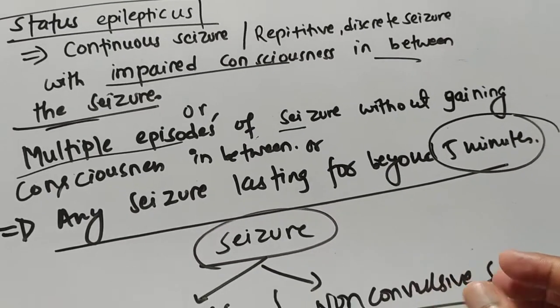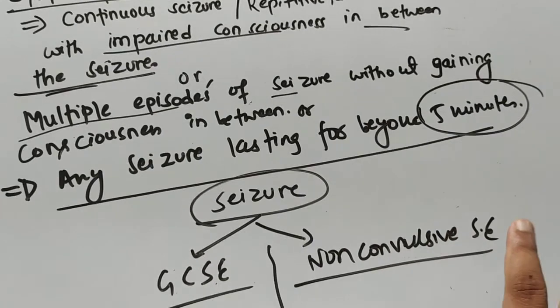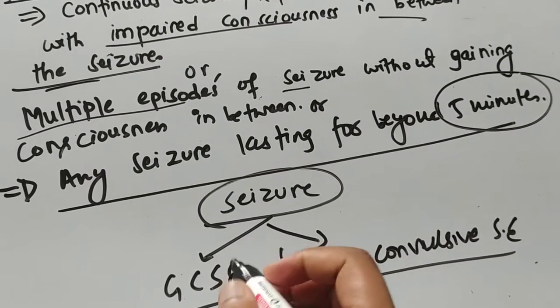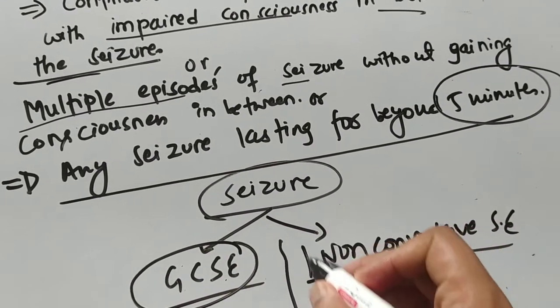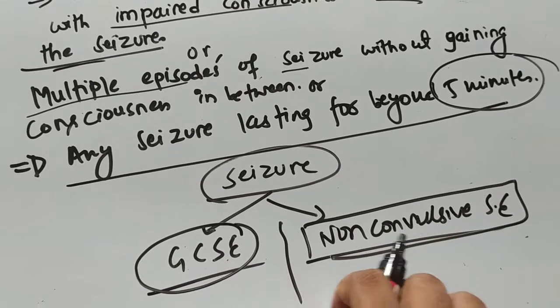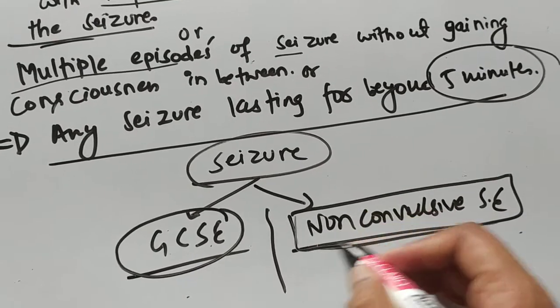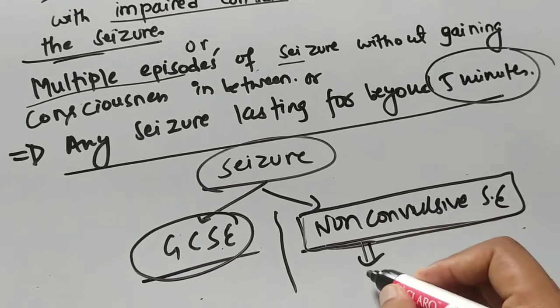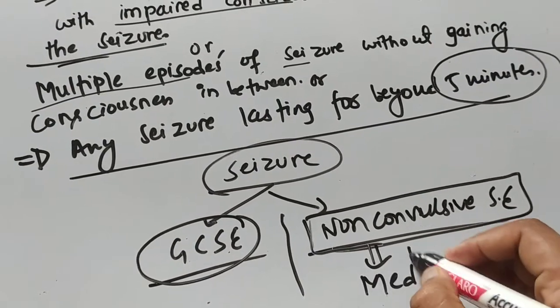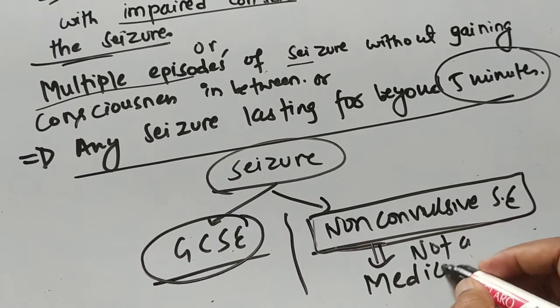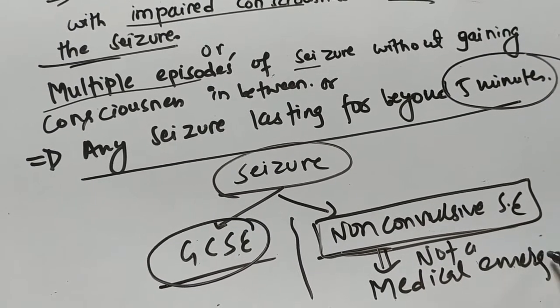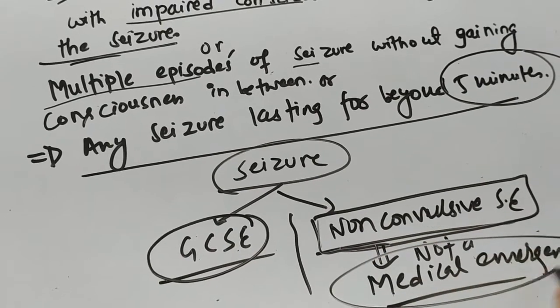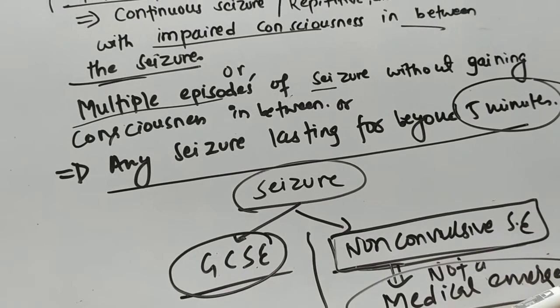In status epilepticus, basically the seizure can be generalized convulsive status epilepticus or non-convulsive status epilepticus. But in non-convulsive status epilepticus, the problem is usually not evident, and that's why it is not a medical emergency, as there is no convulsion.